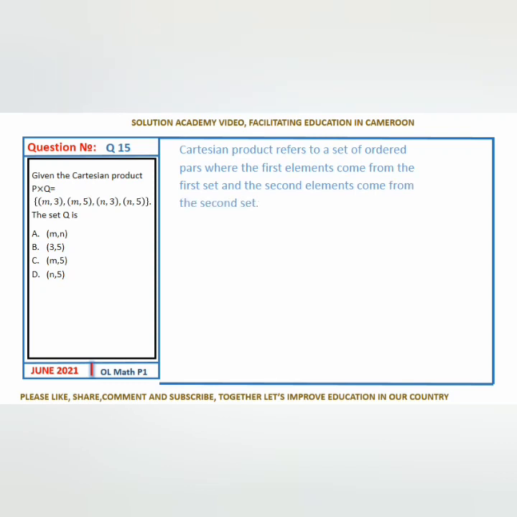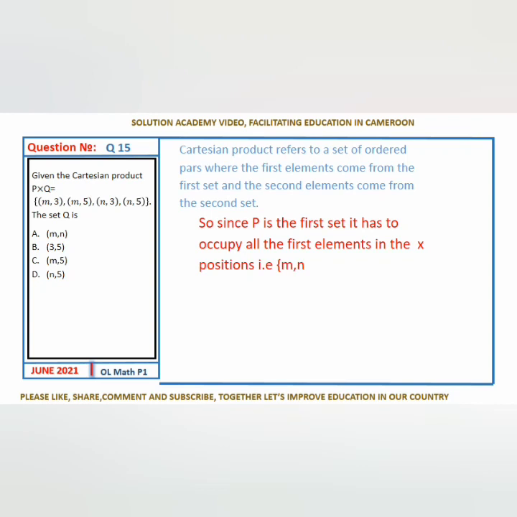So the first element has to come from the first set and the second element has to come from the second set, forming one pair. If you observe keenly, since P is the first set, it has to occupy all the first elements, that is, the x positions.